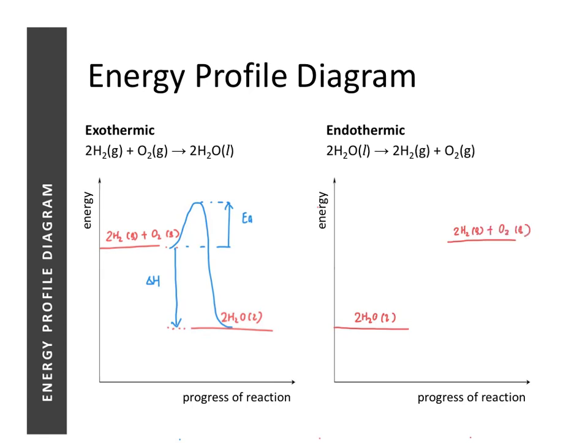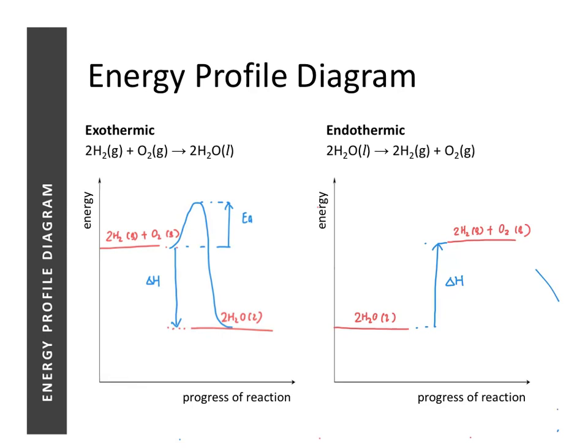By putting the forward and the reverse reaction side by side, I hope you can see very clearly that when you flip a reaction, the magnitude, the value of delta H, doesn't change. The only thing that changes is the sign of your enthalpy change.